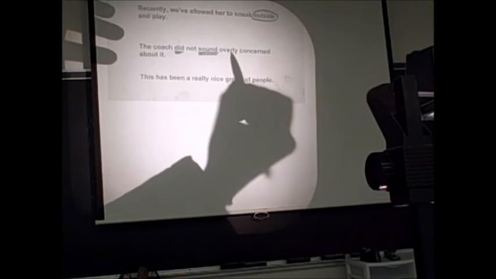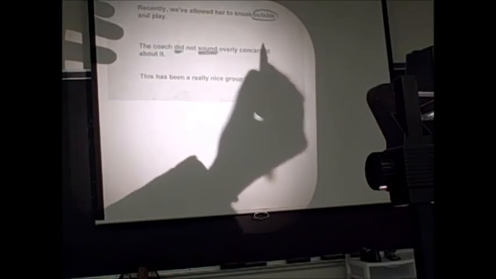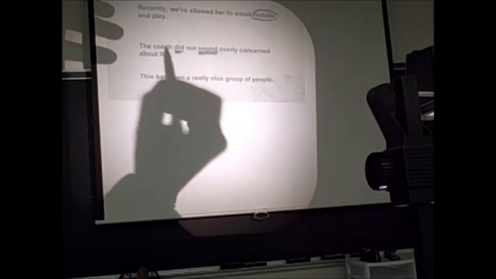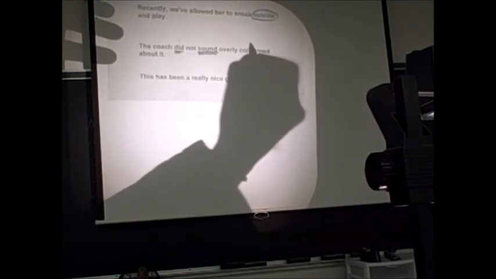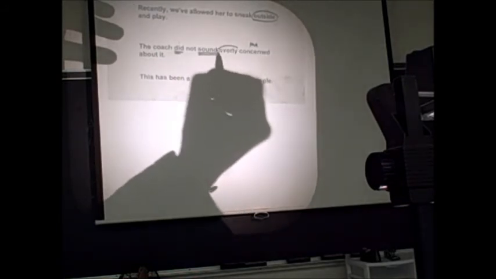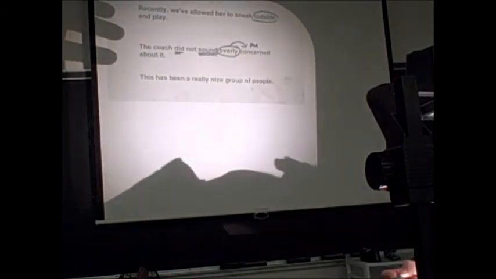But let's see what it modifies. Well, it modifies concerned. And what part of speech is concerned? Well, it describes the subject, and it's an adjective. So it's a predicate adjective. So yes, overly can be an adverb because adverbs may modify adjectives.